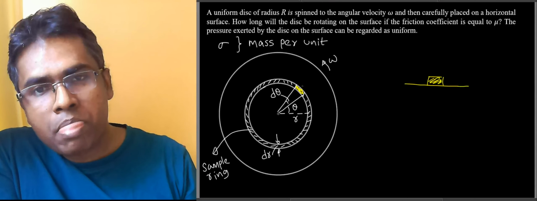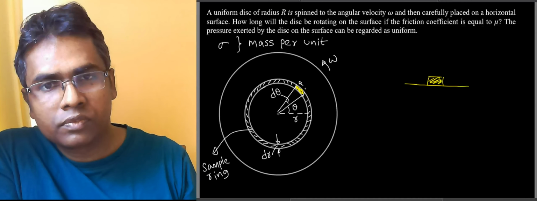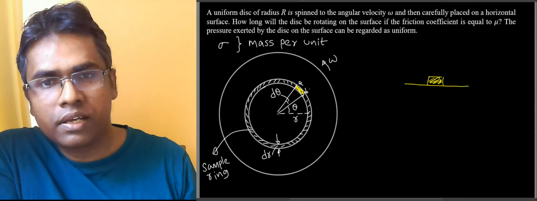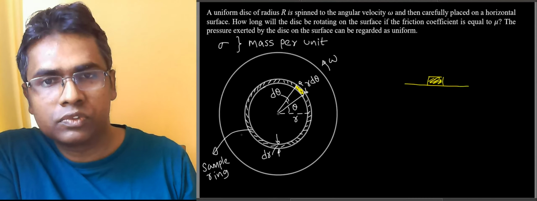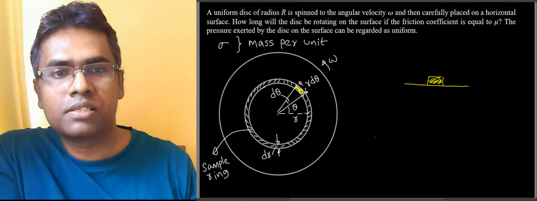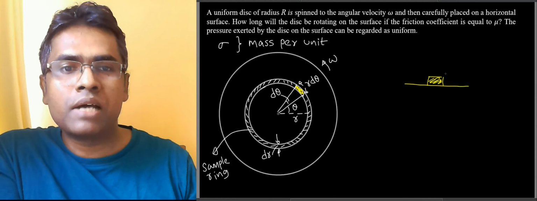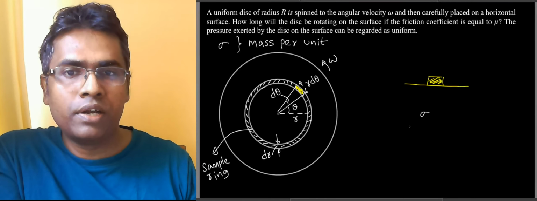Now, if I look at the arc length here, this arc length is clearly r into d theta: the radius of the circle times the angle subtended. The mass of this tiny section is sigma into area.